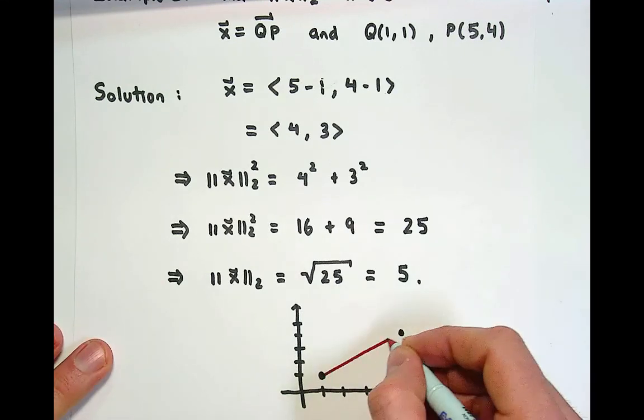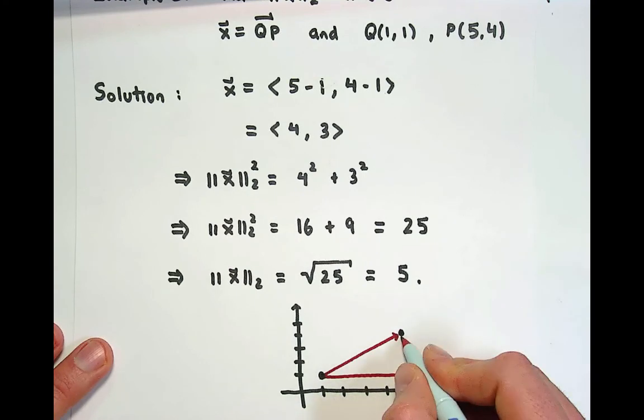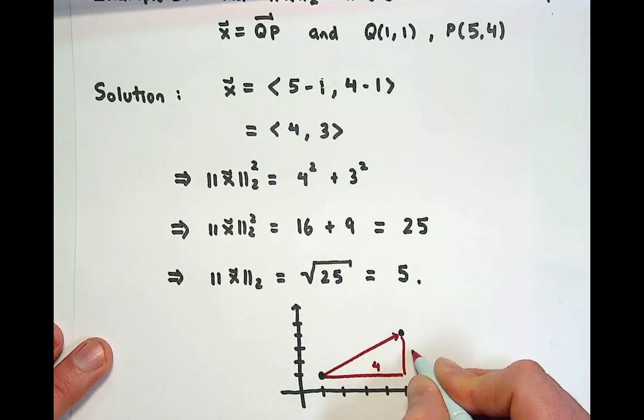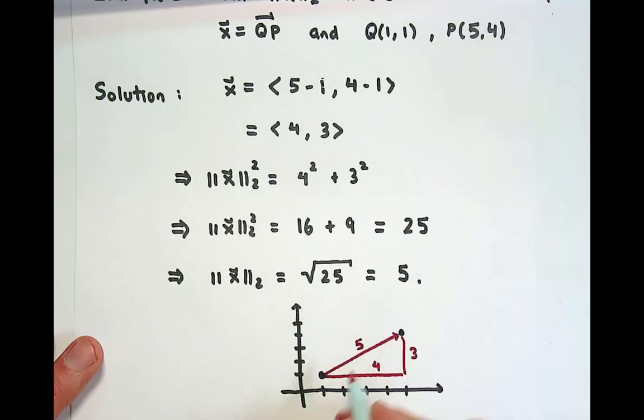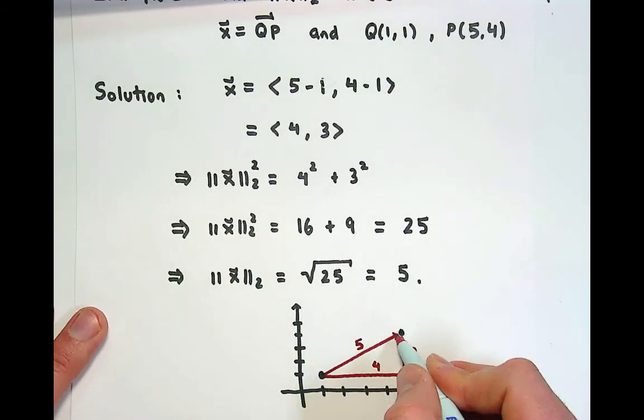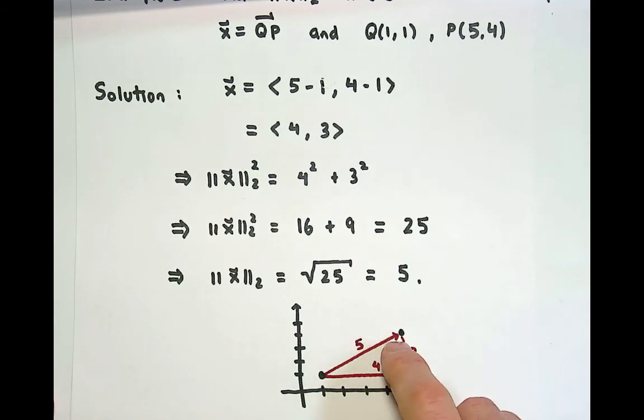The length of this vector, we know this was 4, this was 3, and the length of that vector is going to be 5. So here we have the magnitude, which is 5, and the direction is 4 over 3 up. And you can see that based on the direction here.